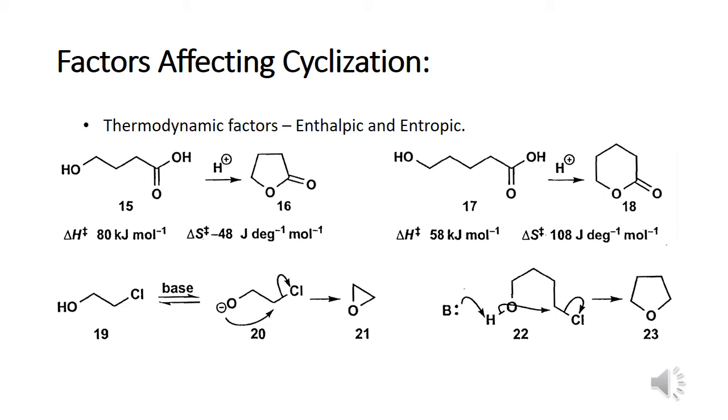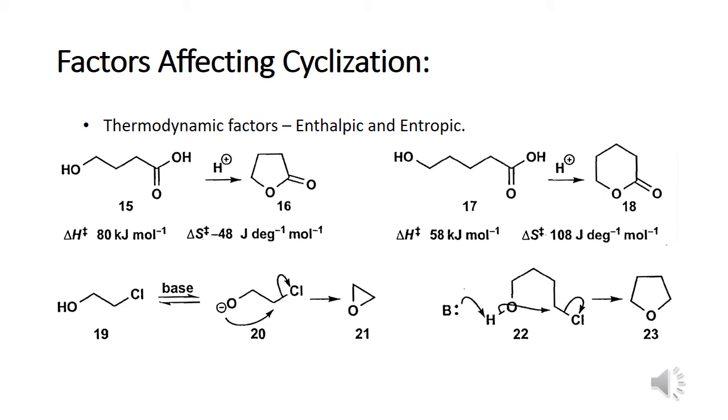In the other example, chloroethanol cyclizes as an oxyanion for kinetically favored cyclization; a specific base is needed, a strong base to remove the proton of the hydroxyl group completely. By contrast, 4-chlorobutanol cyclizes by general base catalysis, where the proton is removed during the cyclization through a weak base. You can see in the example B stands for base, so a weak base is required here.